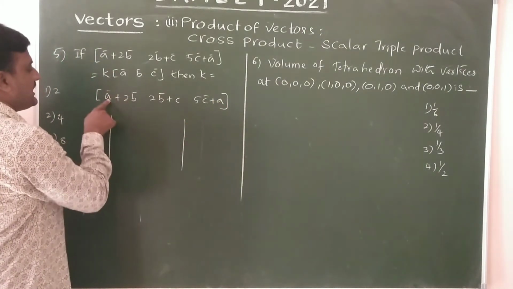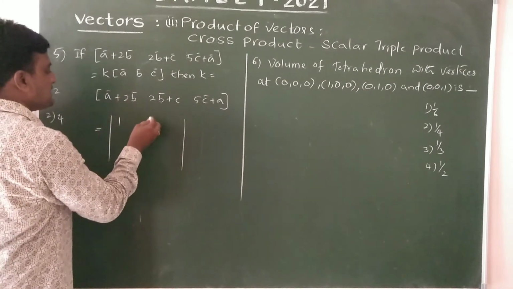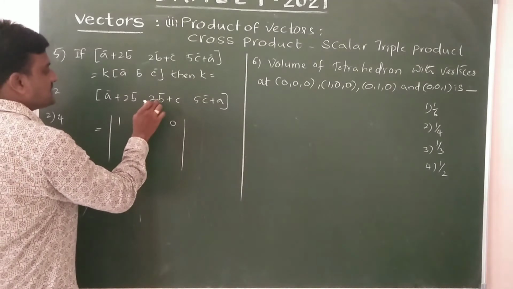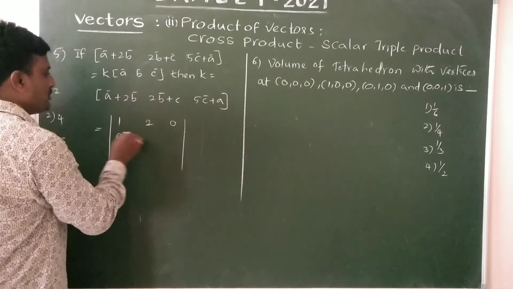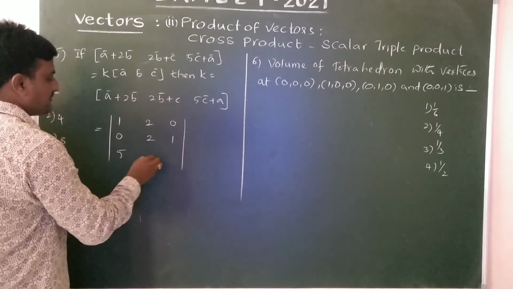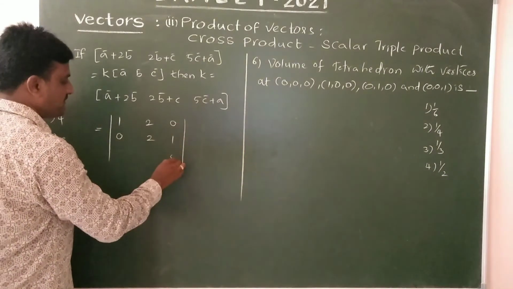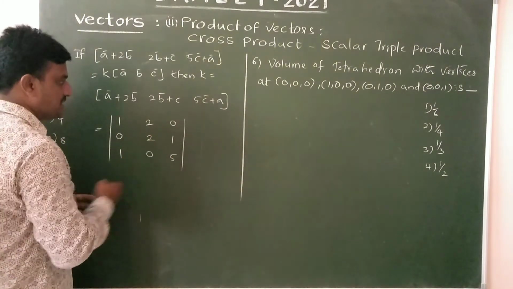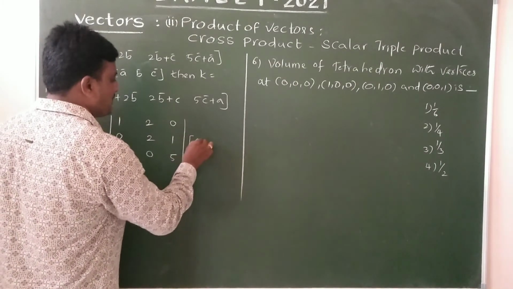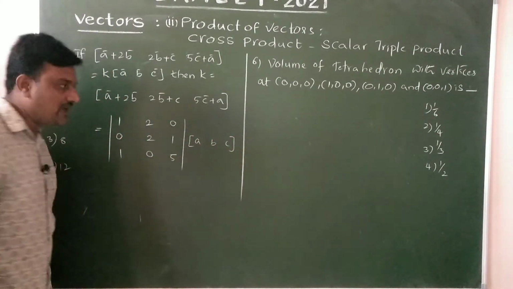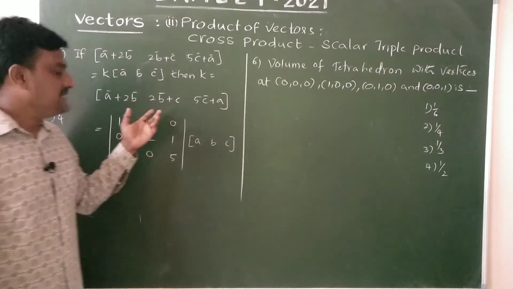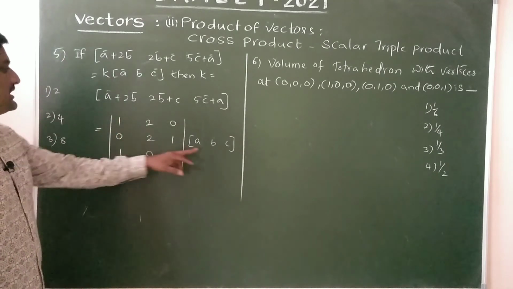A plus 2B: A coefficient is 1, B coefficient is 2, C coefficient is not there, so 0. For the second vector we have 0, 2, 1, and for the third vector, C coefficient is 5, A coefficient is 1, B coefficient is 0. Since A, B, C are there, we can take box of A, B, C. Actually we can take i, j, k coefficients, but it is not given in i, j, k, so we take it like this.